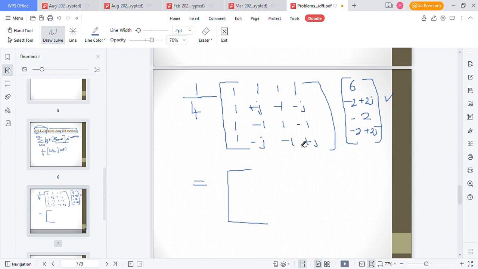Okay. Yes. So you're going to multiply this particular with this particular. That is, you're going to multiply this 1 into 6, this 1 into 2 minus 2. I'm going to show it to you for one; all others it is the same. It is 6, and 1 into minus 2 plus 2j. So 1 into all these things is the same only, right? Yes. This is minus 2, this is minus 2 plus 2j.